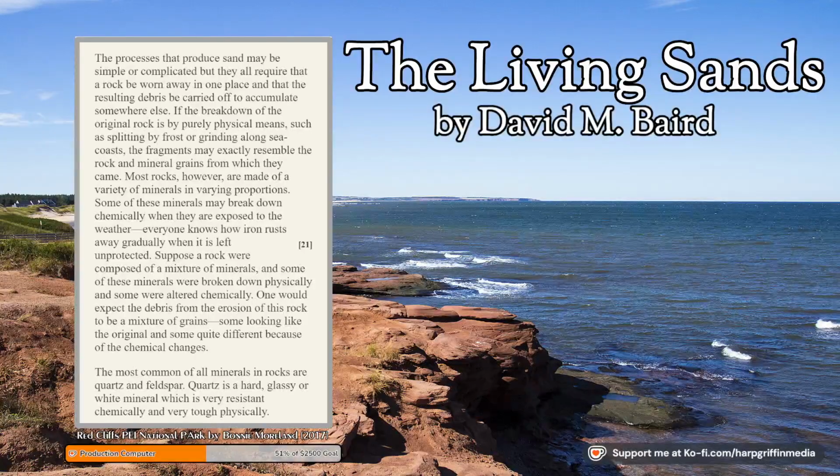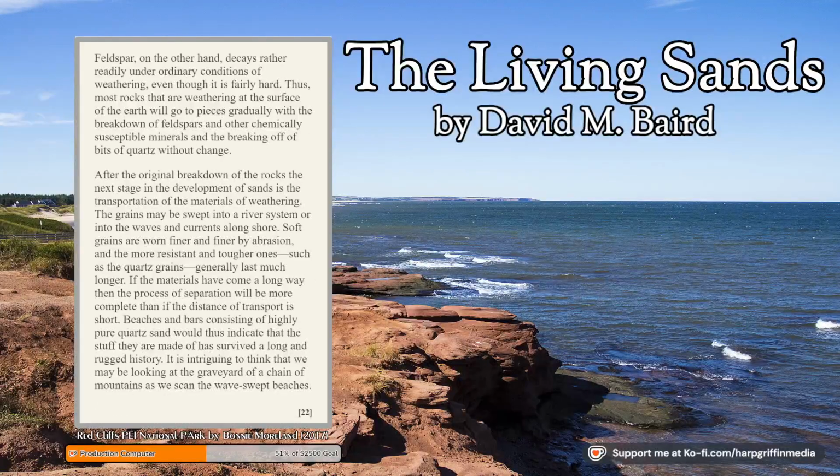The most common of all minerals in rocks are quartz and feldspar. Quartz is a hard, glassy, or white mineral which is very resistant chemically and very tough physically.